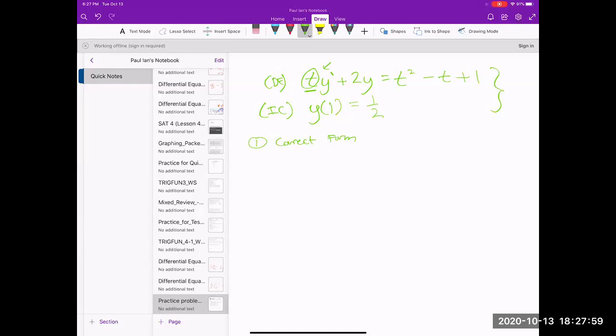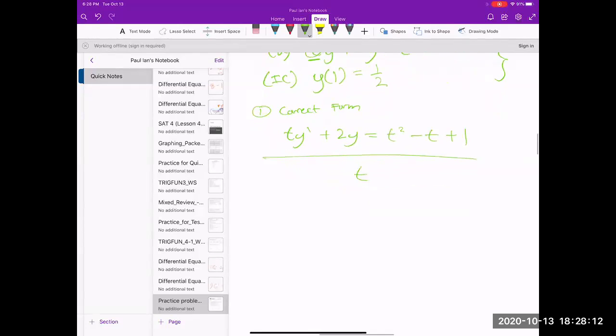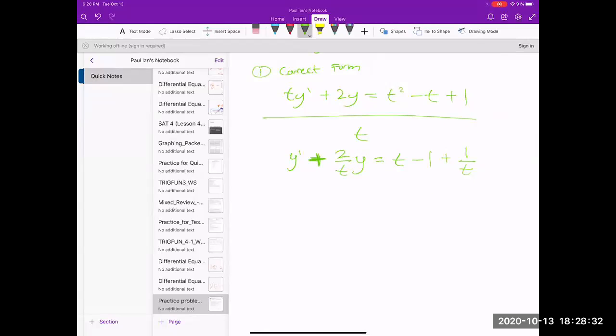I'll divide the whole thing by t, equals t squared minus t plus 1. So you divide the whole thing by t so that it's equivalent. So y prime plus 2 over t y equals t minus 1 plus 1 over t. Did you get that one? Yeah. That one's just algebra.